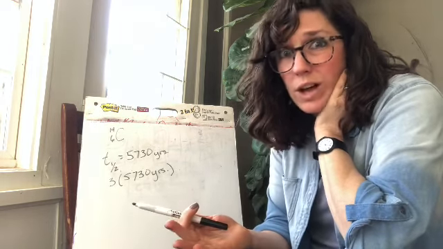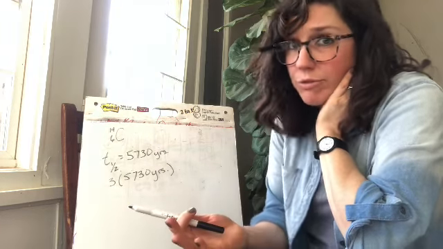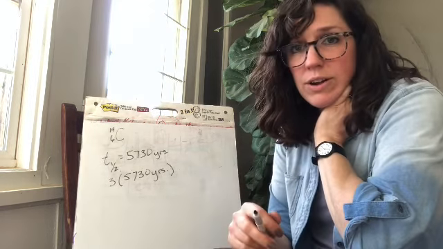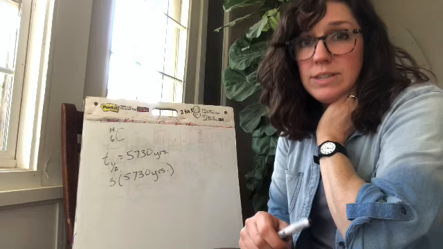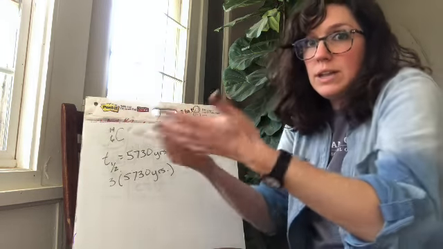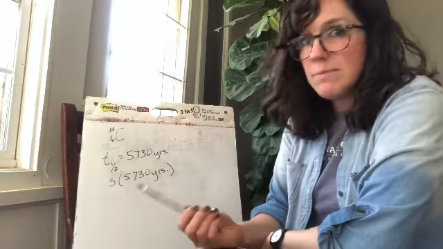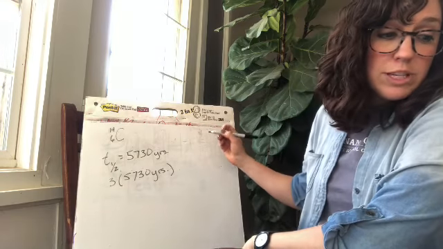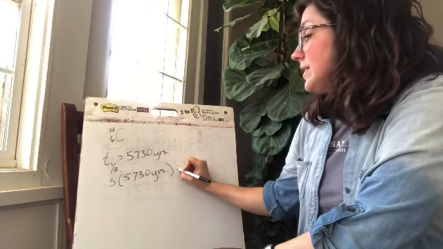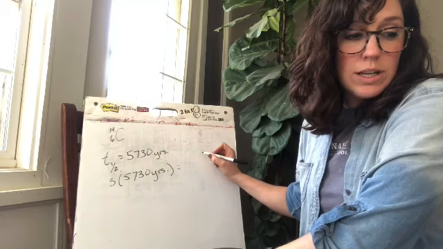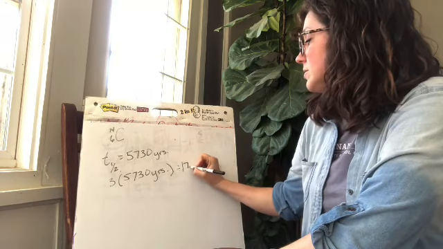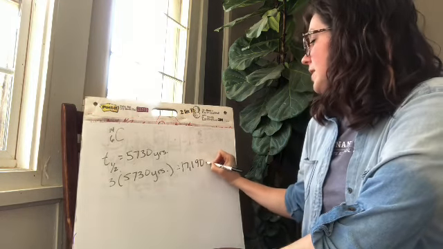Well, 3 times a year. That's how much time it takes you to have 3 birthdays. That's essentially what they're asking. How long does it take for this to happen 3 times? Well, 3 times whatever time it takes. Doesn't matter what the half-life is. For this particular one, 3 times 5,730 is 17,190 years.